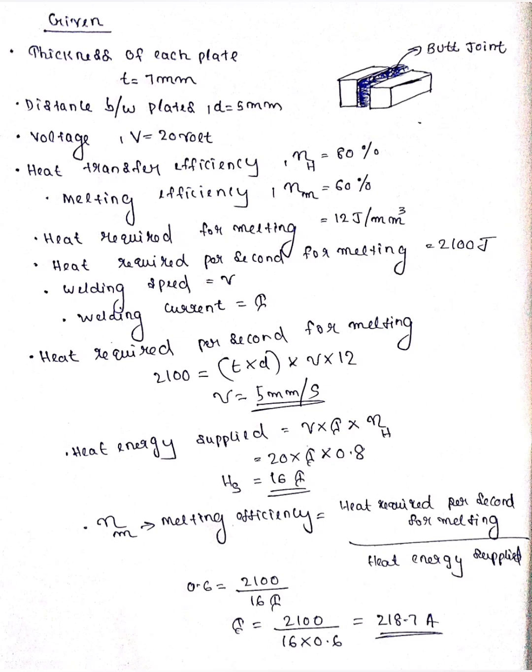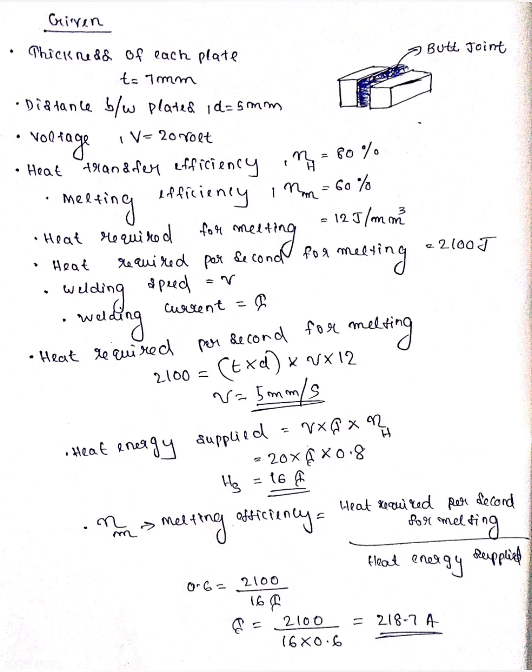Then next part is we have to equate those equations, and we get the value of velocity. The velocity at which I weld will be 5 mm per second, and that equation can be formed by checking the units. T into D will be mm square, velocity will be mm per second, and heat required for melting will be joule per mm cube, and all the terms cancel, giving us joule per second.